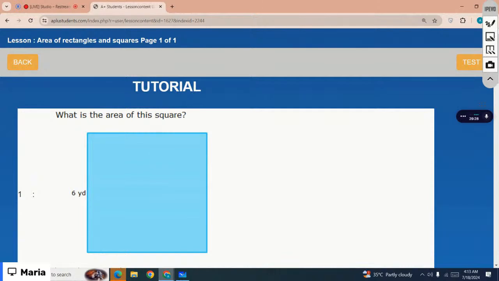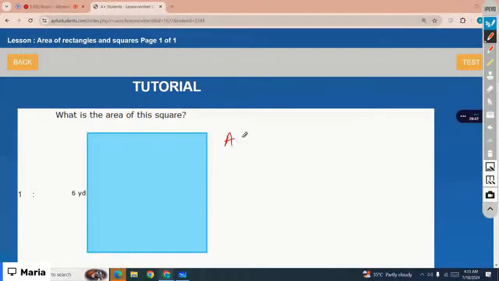Okay, let's just start with an example. What is the area of the square? So a square has all four sides equal in length, right? So when working on the area of the square, you have to do 4 times side, because all the side lengths are exactly equal. So that is 4 times 6 equals 24.